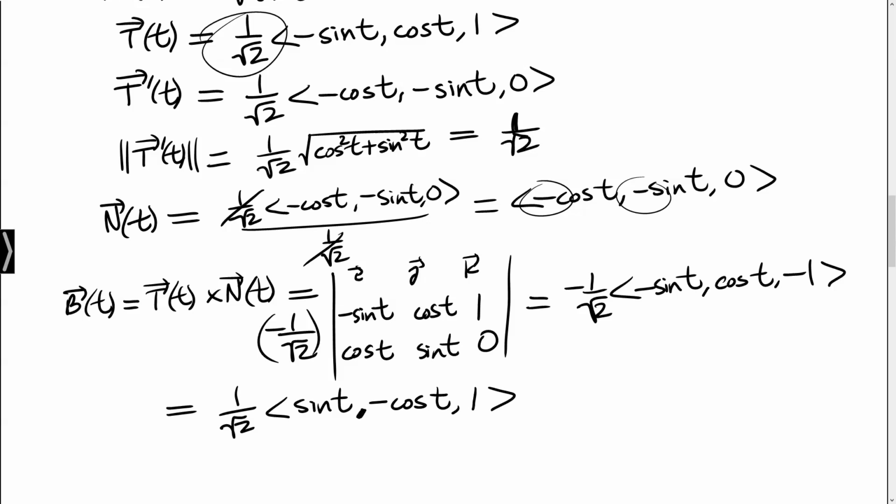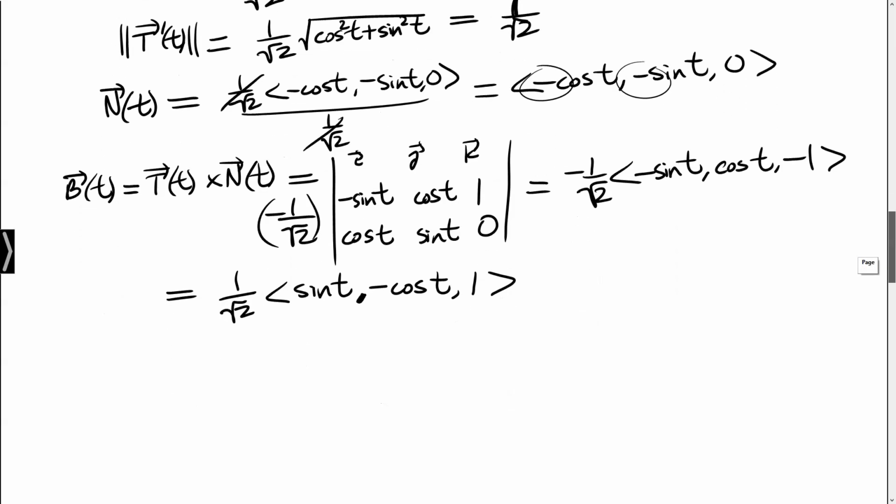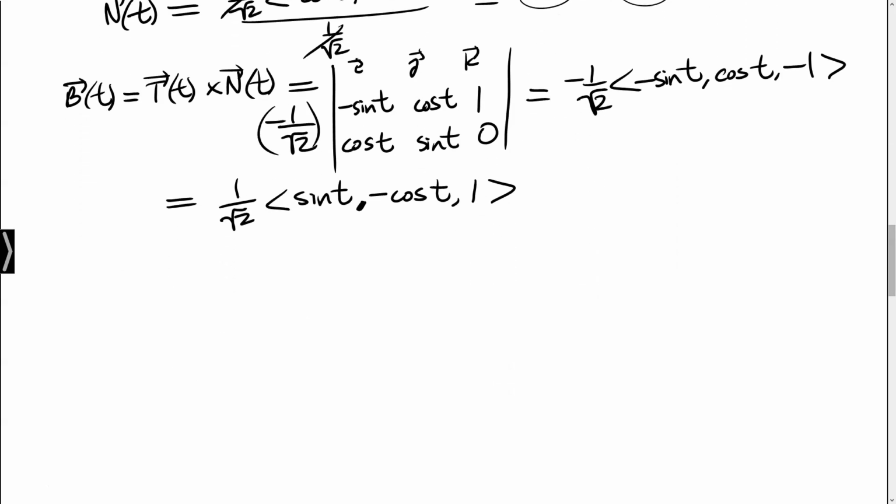Now, what we've got now is all three of them. So let's summarize all three. Let's write all three of these here at the bottom. Our unit tangent was 1 over root 2 times minus sine, cosine, 1.